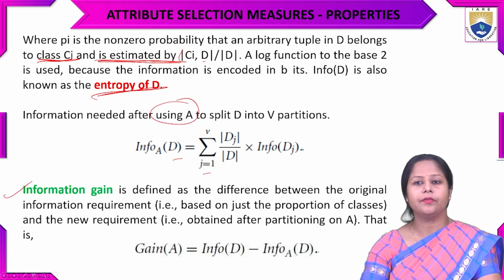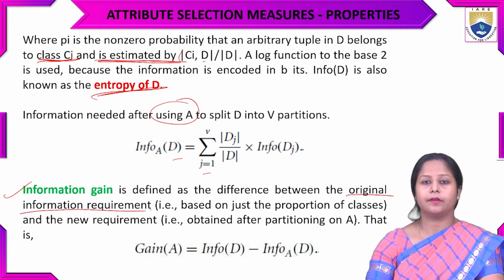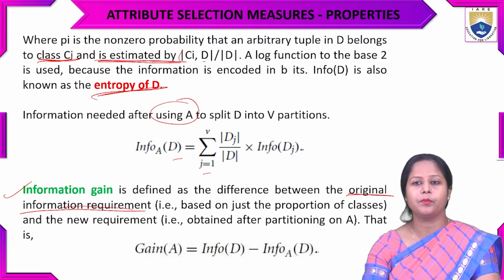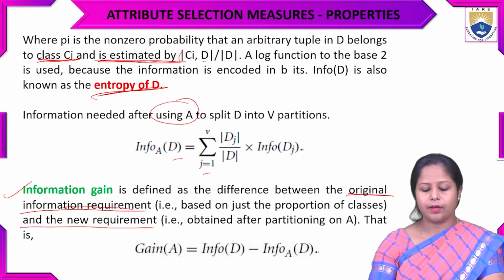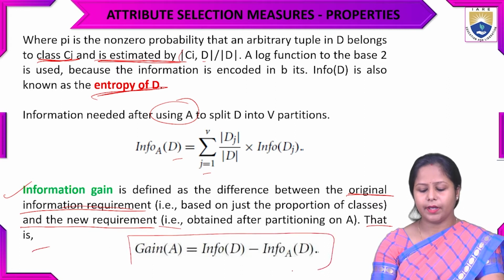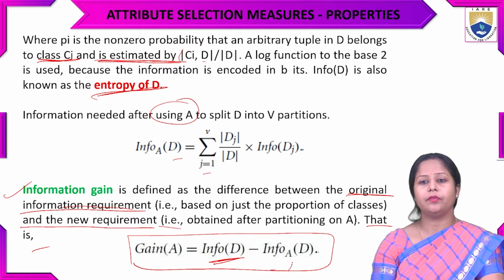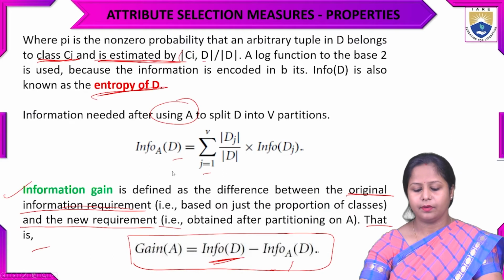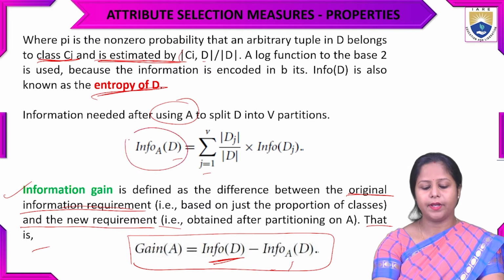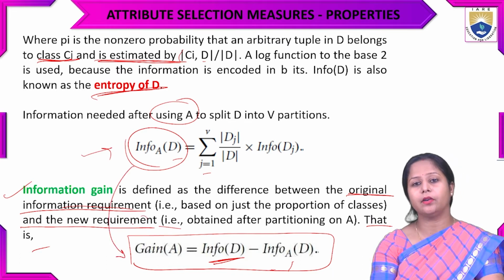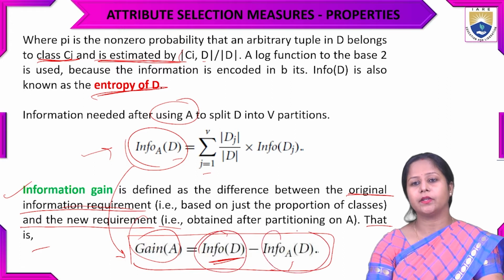Information gain is defined as the difference between the original information requirement, which is based just on the proportion of classes, and the new requirement obtained after partitioning on A. The formula is Gain(A) = Info(D) minus InfoA(D). So we first calculate Info(D), then InfoA(D), and then we get Gain(A).